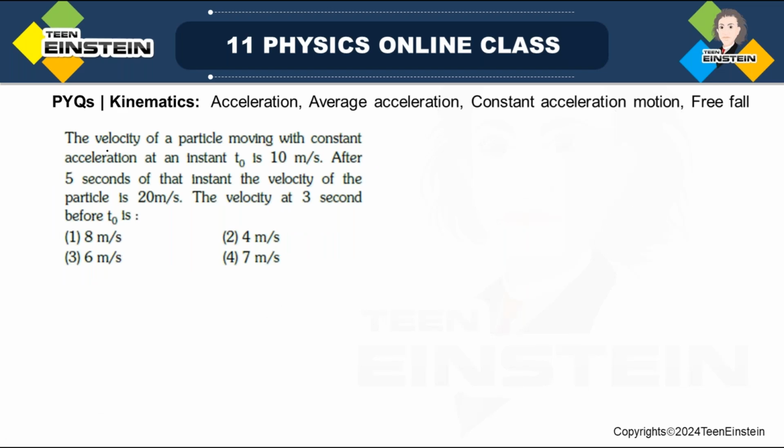Okay, now this question says the velocity of a particle moving with constant acceleration at an instant t0 is 10 meter per second. After 5 seconds of that instant, the velocity of the particle is 20 meter per second. Find the velocity 3 seconds before t0.